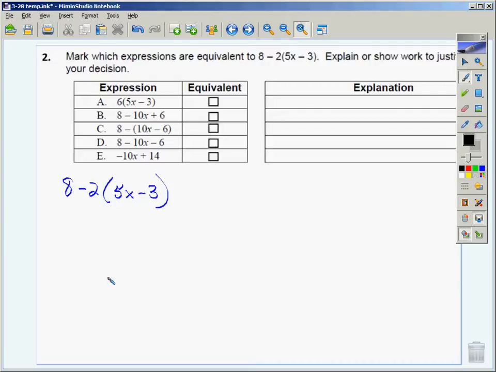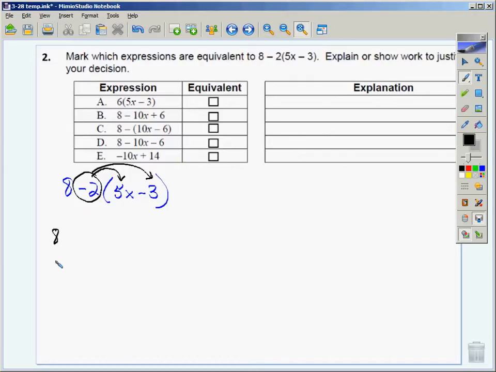You were much closer than subtract 8 and 2. You said that I was going to multiply 2 times 5x. Yeah, make sure that you attach that sign that's with that 2. I know that's a big mistake that people make. Attach that sign. I've got to take a negative 2 times 5x and a negative 2 times a negative 3.